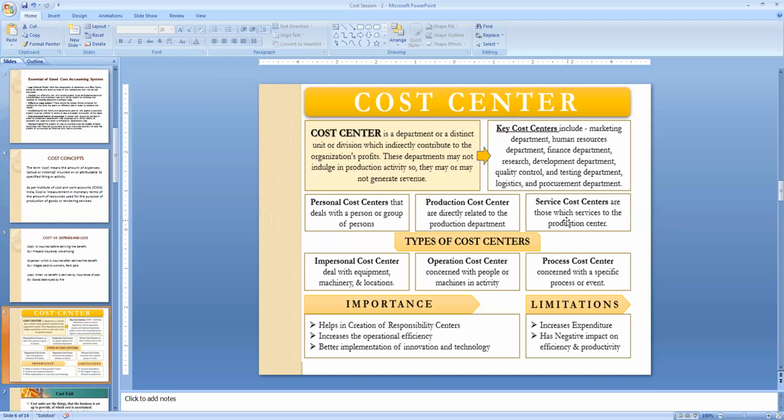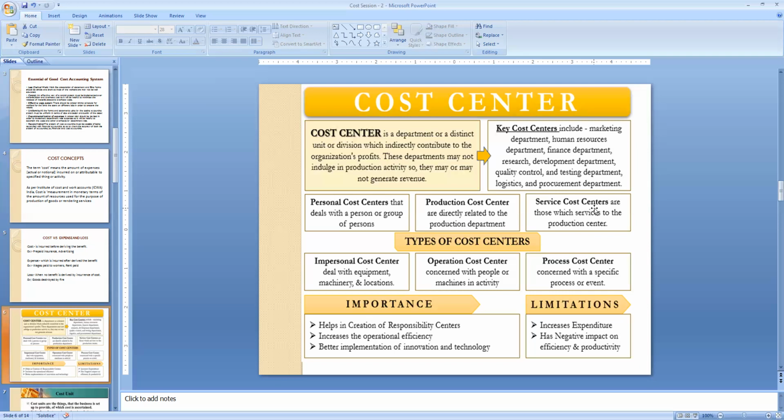And the next type of cost center is called the service cost center. These service cost centers are those which render services to the production center. When the production center is getting services from the other cost center, that is called the service cost center. So this is like an auxiliary to production cost centers.